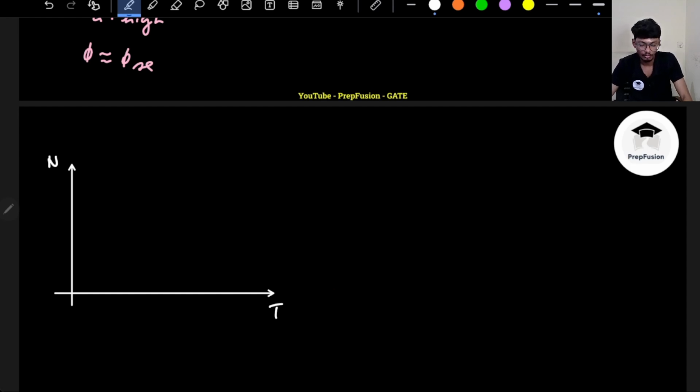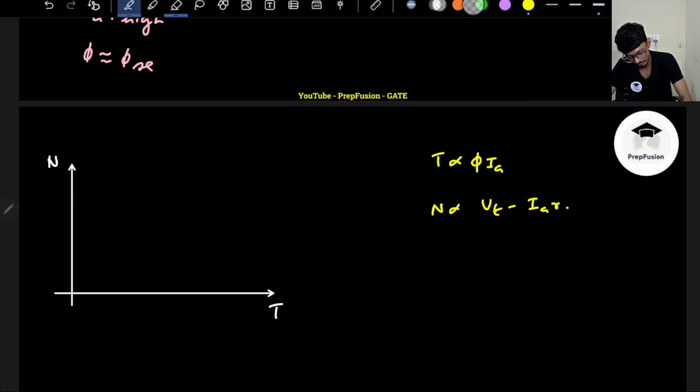How does my motor depend on the speed torque characteristics? Torque is again proportional to flux into armature current, and speed is proportional to Vt minus IARA divided by flux, if you remember correctly.